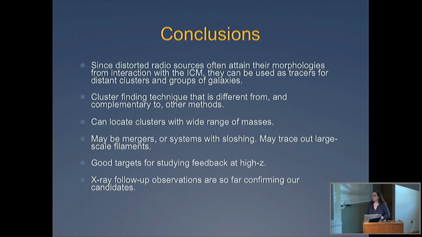That's something that we want to look into more, like whether the richness of the cluster evolves with redshift. We don't see a lot of whopping trends yet, but that's still ongoing.